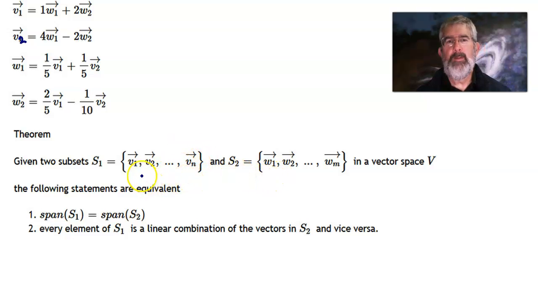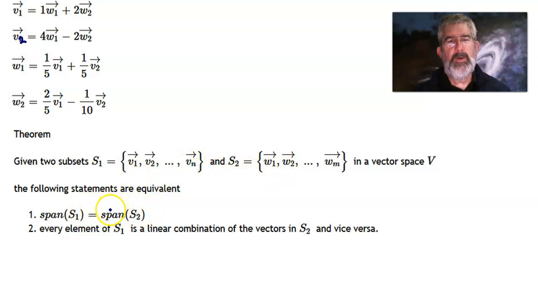This one has n vectors in it, this one has m vectors in it. They're not infinitely many, so it's essentially a small number of vectors. Even numbers like a billion are small compared to infinity. Okay, so finite numbers of vectors.